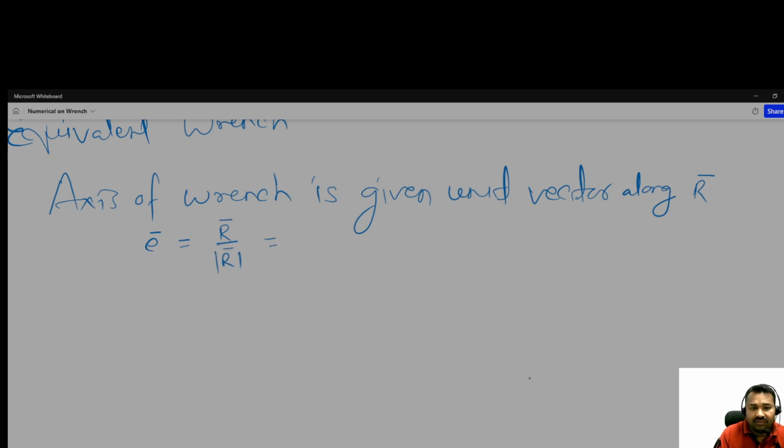So this is equal to minus 500K divided by 500, because the square root of 500 squared is 500. So that's why we get minus K here.